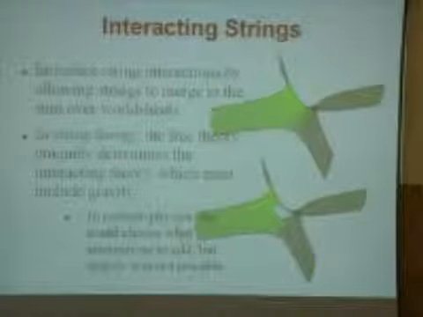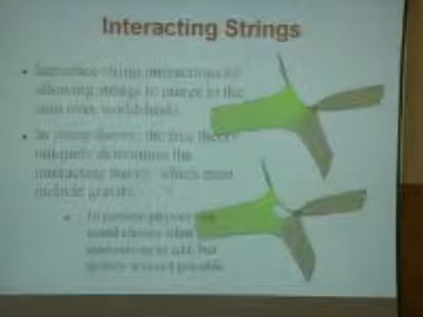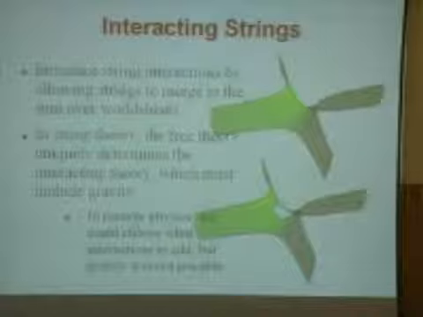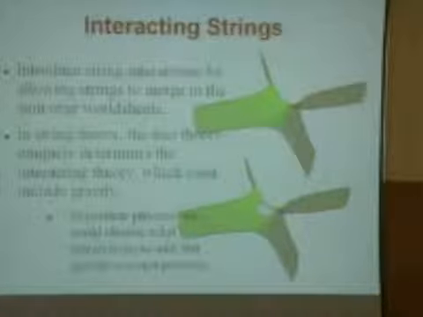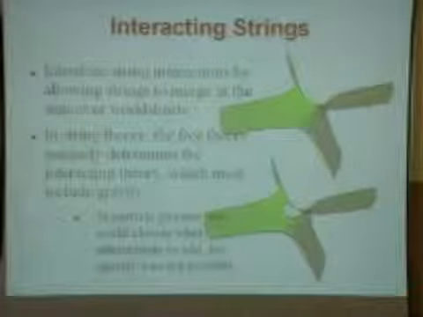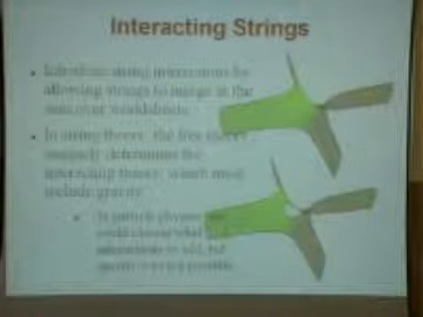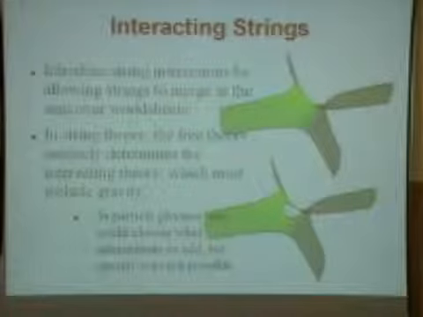Now in string theory, the free theory uniquely determines the interacting theory, which must include gravity. In particle physics, we could choose what interactions to add. You add any vertex you want, any factor you want. But if you tried to add gravity, you'd get infinite answers. In string theory, the situation is different, because everywhere it looks just like a single string.